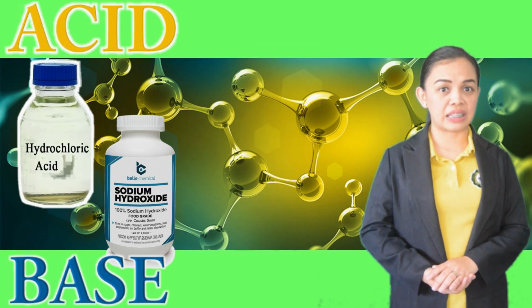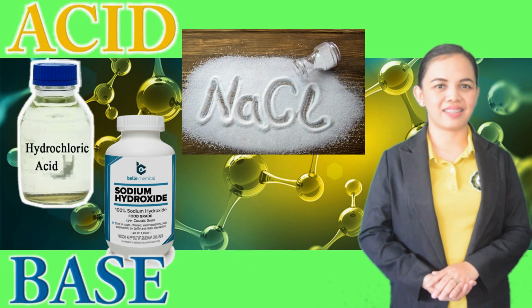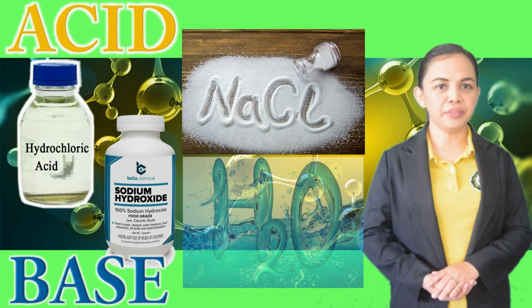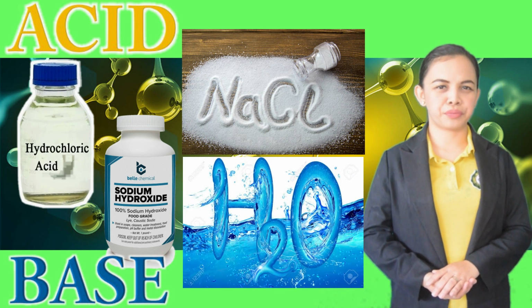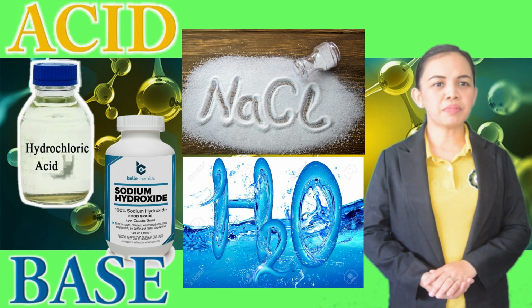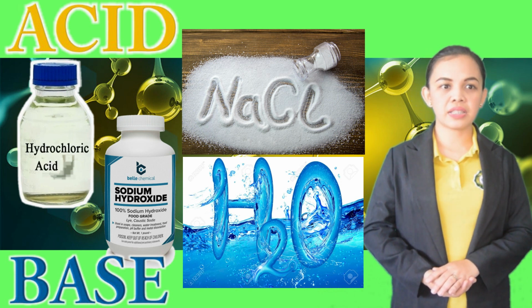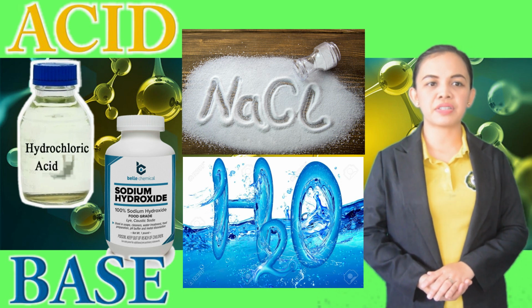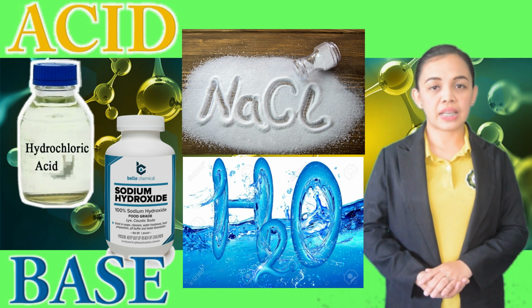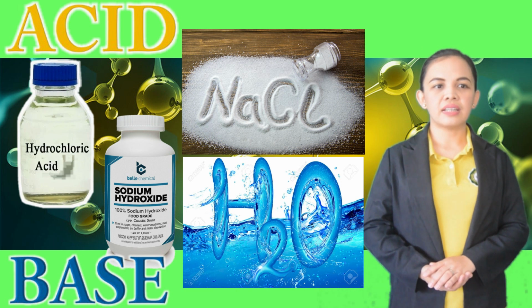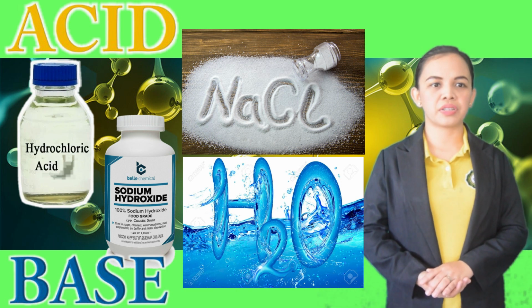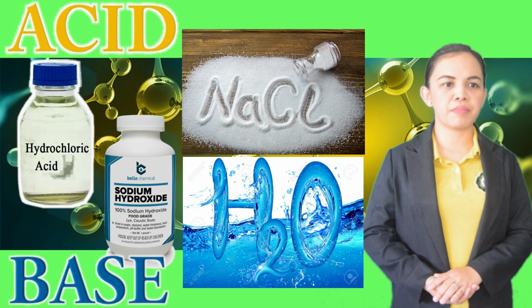The reaction yields NaCl, or sodium chloride, and water, H2O. Sodium chloride is common salt used by us. So, acids with a base give us salt and water. This is a general reaction. Salts are products of reaction between an acid and a base.